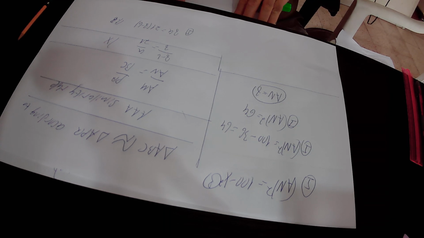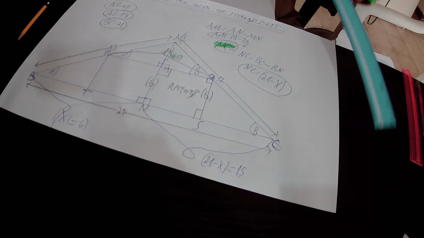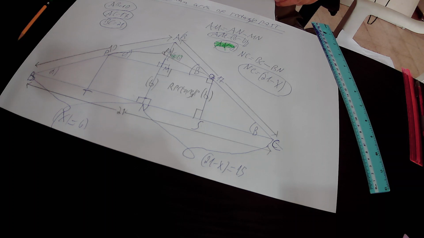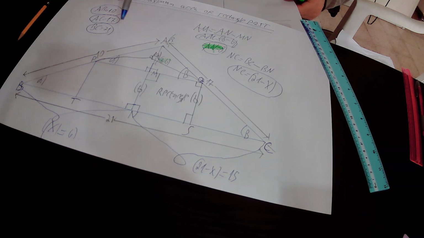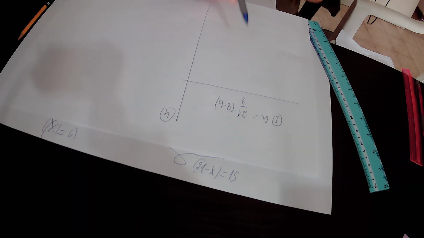Repeat again: a is the length of this rectangle PQST, so a equals 21 over 8 times (8 minus b).